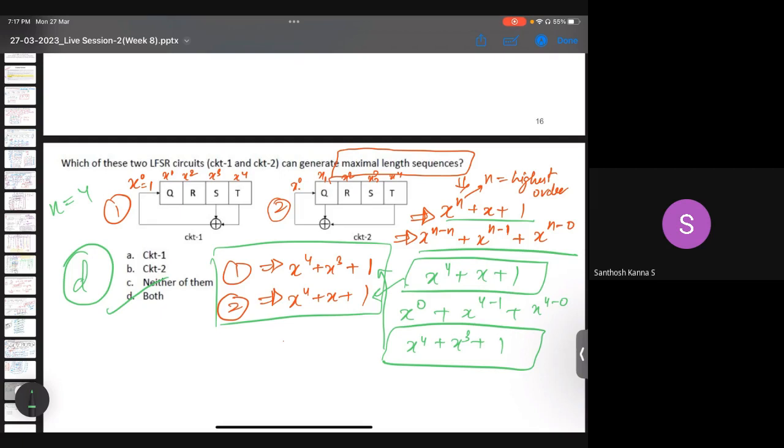Okay, so the polynomial equation for the maximum length is generally generated by x to the power n, which is the maximum sequence, then x plus 1. So this is a general representation. This type of polynomial can generate the maximum length sequence.